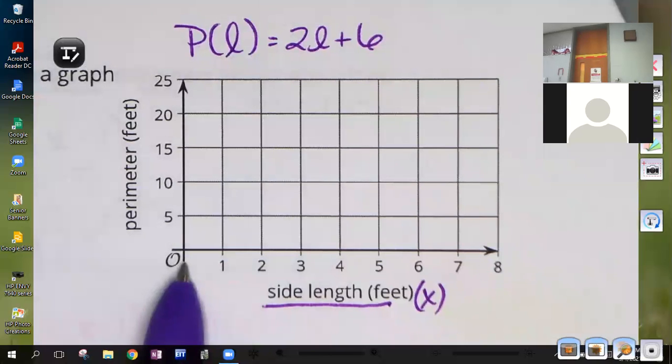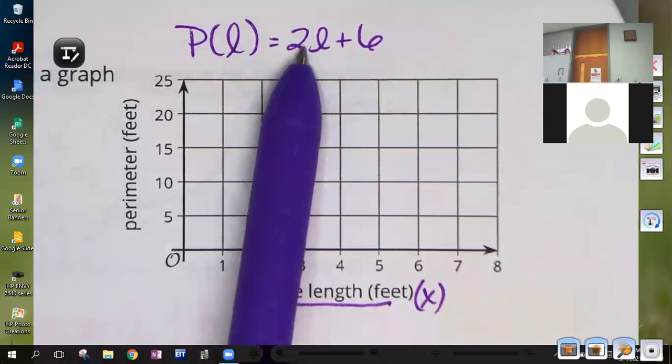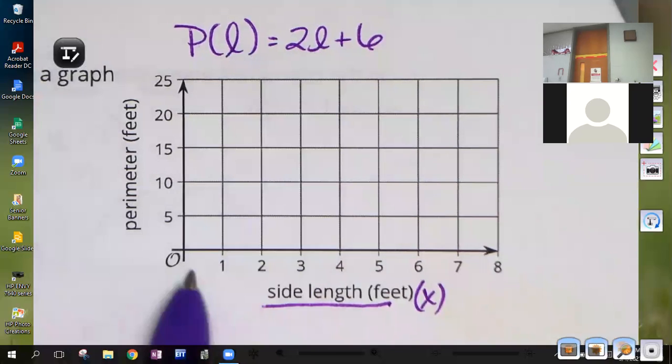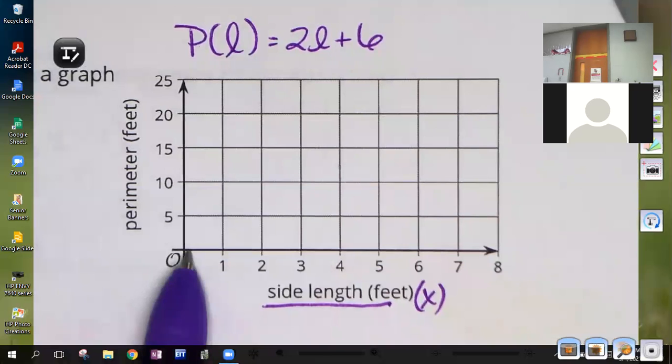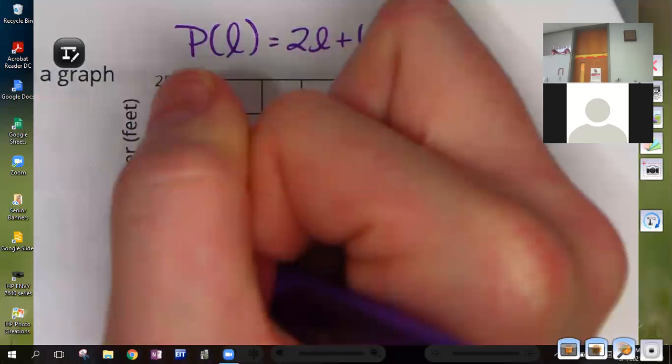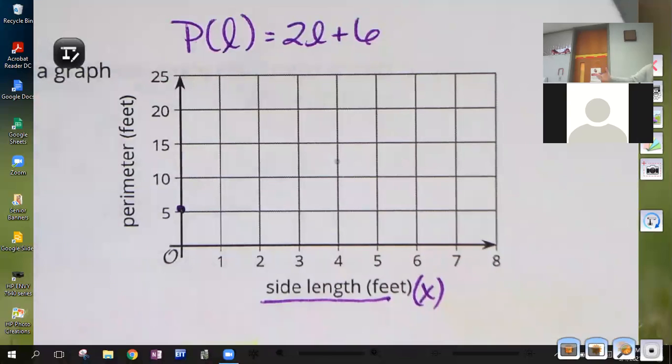So that means we're going to substitute 0 in for L. So that's 2 times 0, but then we have plus 6. So if our input is 0, what is our output? 6. So that's right above that 5. The reason is that the paper is always going to be 3 feet wide.